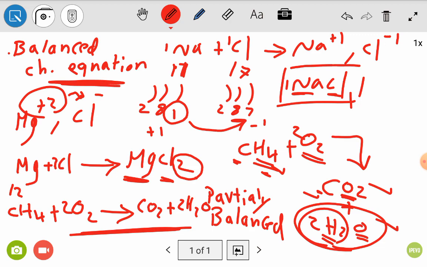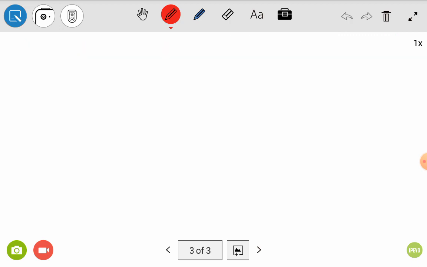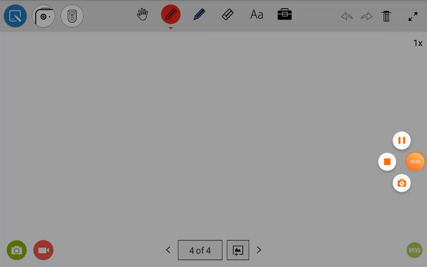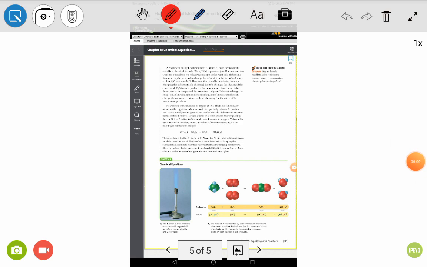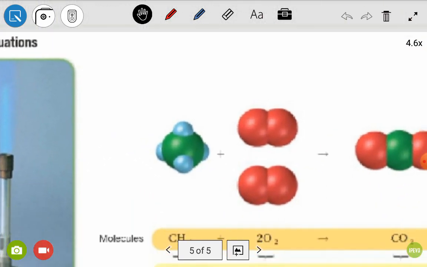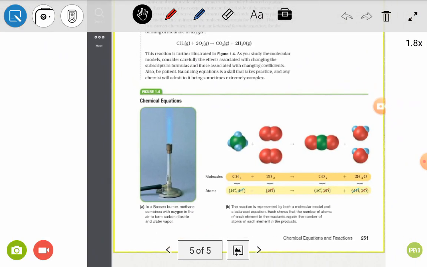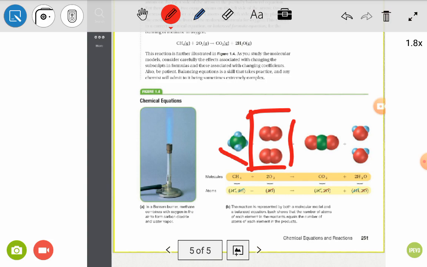Well, let's find out this part. Okay, concentrate on that part, figure 1.4. As you can see, we have CH4, the methane molecule, that is going to react with 2 molecules of oxygen, 2O2, producing what?